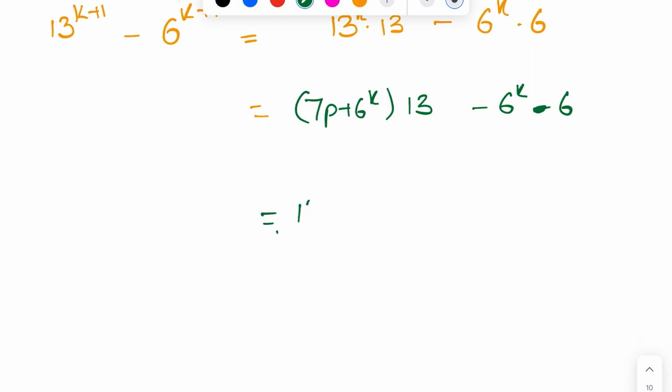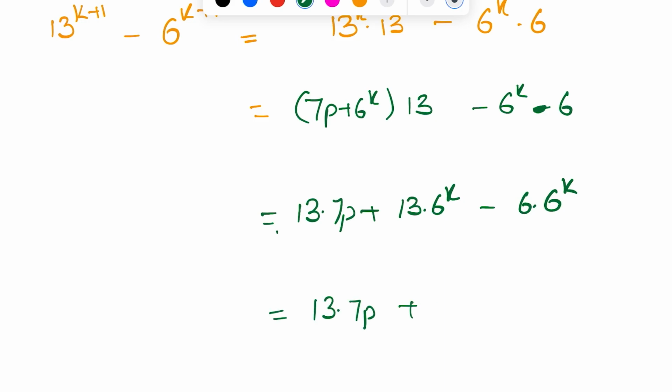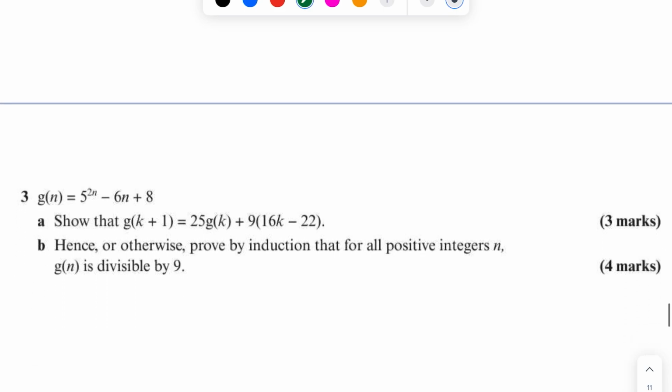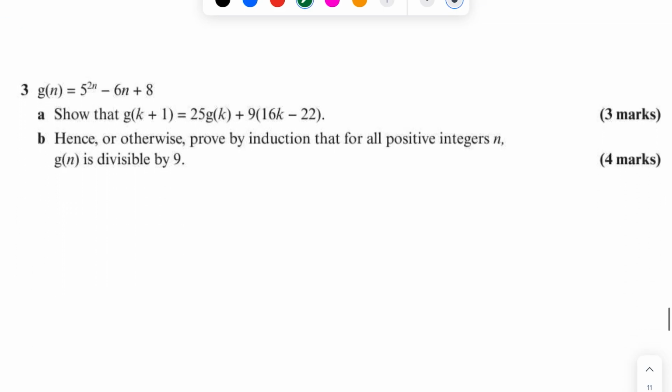So it becomes 13 times 7p plus 13 times 6 power k minus 6 times 6 power k. So 13 times 7p plus 7 times 6 power k. I can take 7 common: 7 times (13p plus 6 power k). So therefore it is divisible by 7. So by principle of mathematical induction, it is true for all positive integers n.